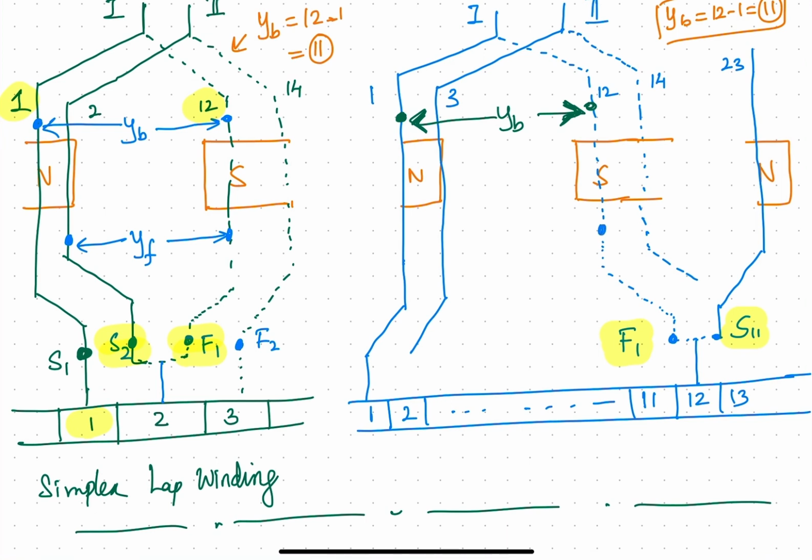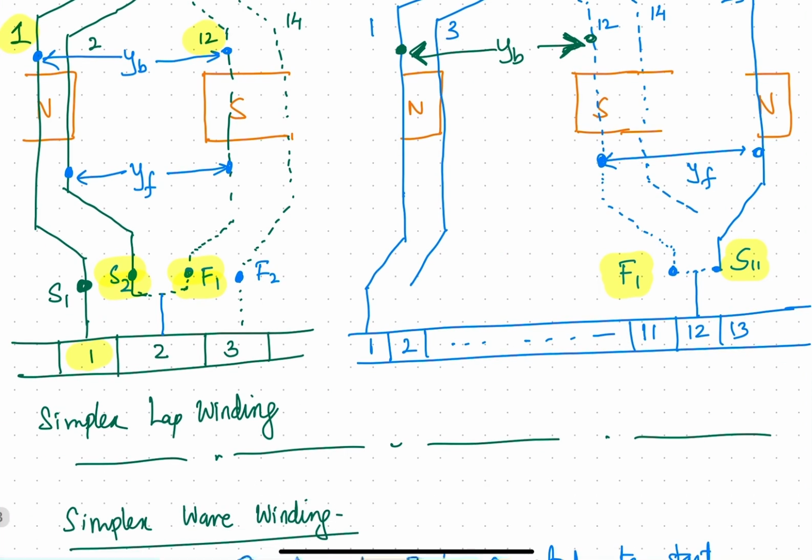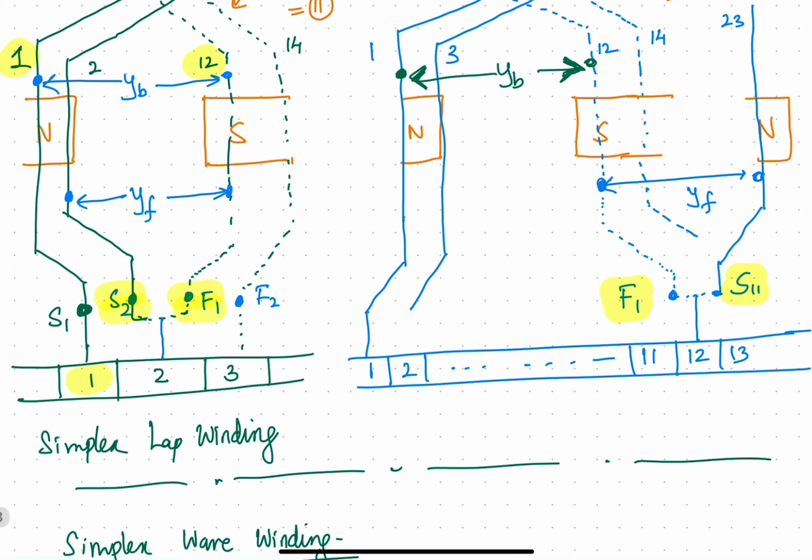So this and this, they are connected together. So this is again going to be the front pitch for this wave winding. So this was about the front pitch.